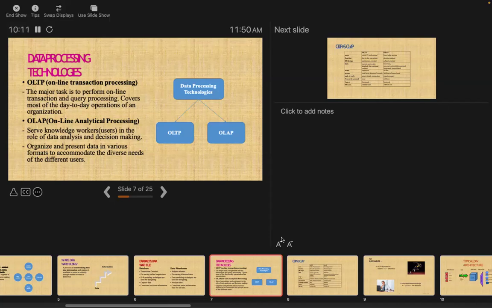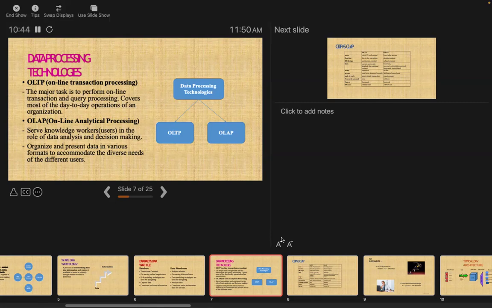It is like what we use for day-to-day operations in an organization, while OLAP is serving the knowledge workers, meaning users like us, in the role of data analysis and decision making, and it organizes and presents the data in various formats to accommodate the diverse needs of different users. So what is the difference? In one case, we use it for query processing.